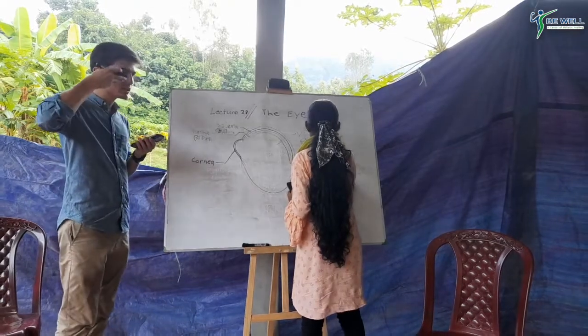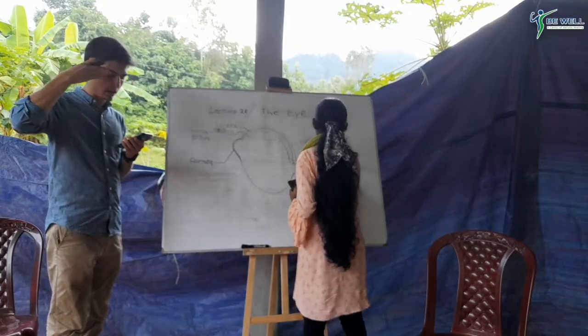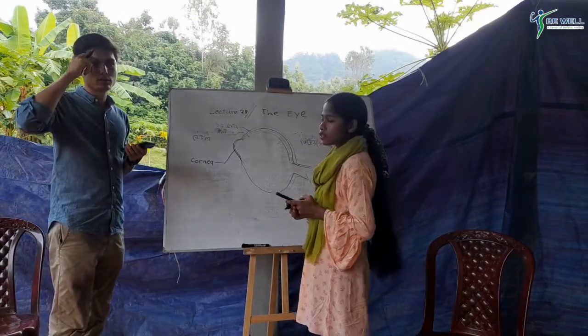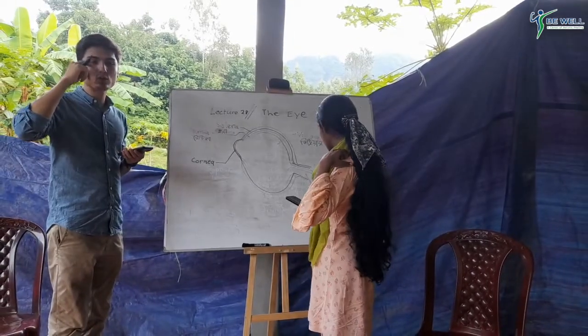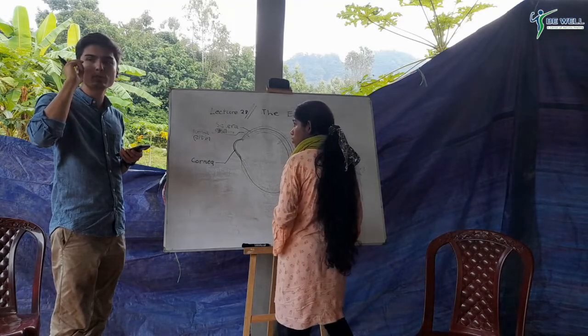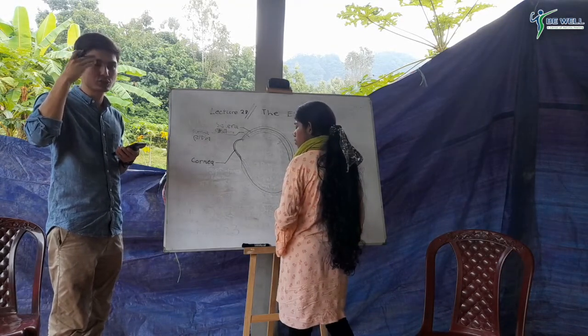Cornea is the protective layer at the front of the eye. On top of the cornea, you actually have tears that go every second, every time that you blink. Tears wash your cornea.